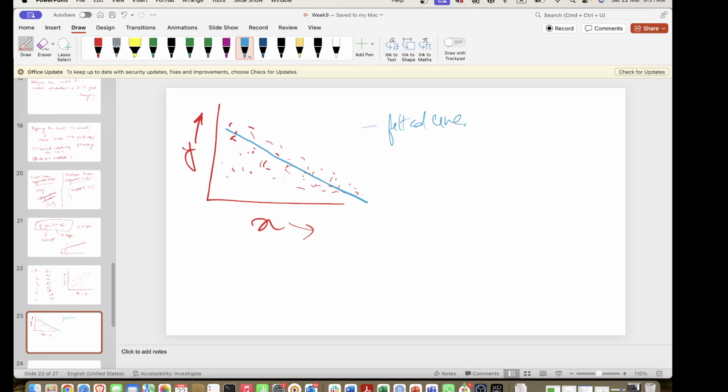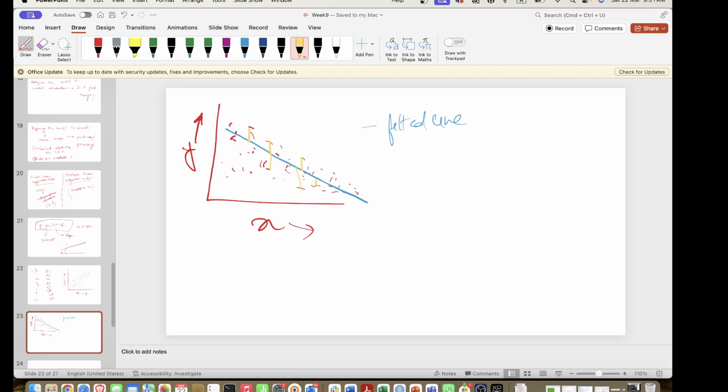Now if you check these differences between the observed points and my fitted data, this is actually representative of the errors I am making in fitting the model.